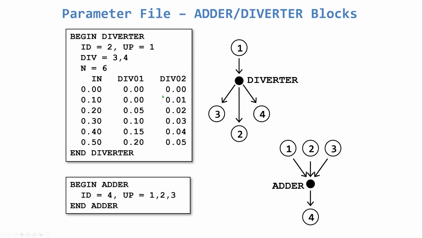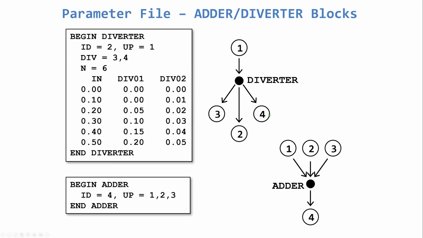And again, you have to specify how the flow gets split up with the 2 diversions. And again, your upstream input, there's an element that comes into the diverter. Its ID is 2. And in this case, we're diverting just to 3 and to 4.